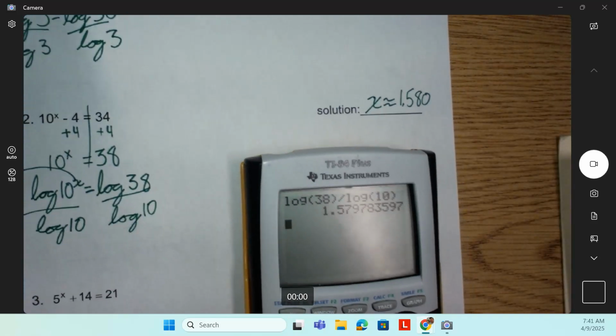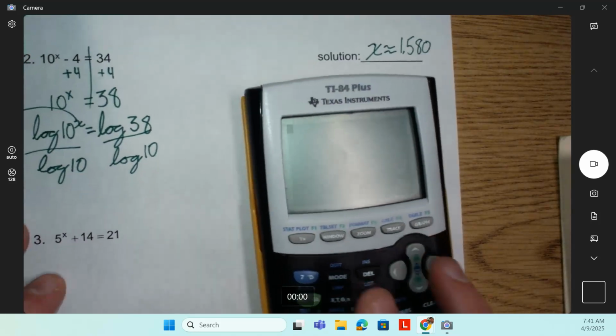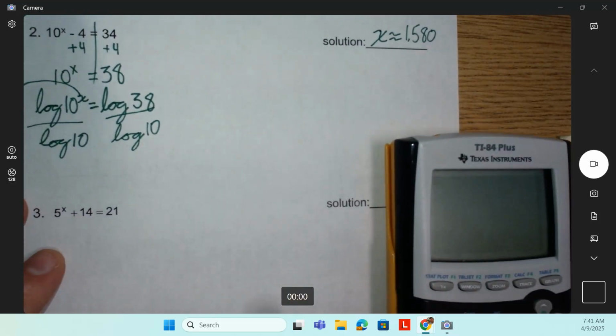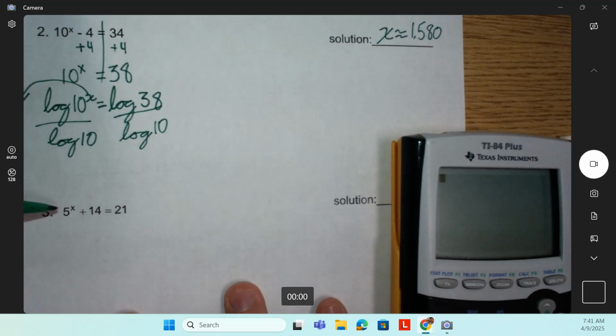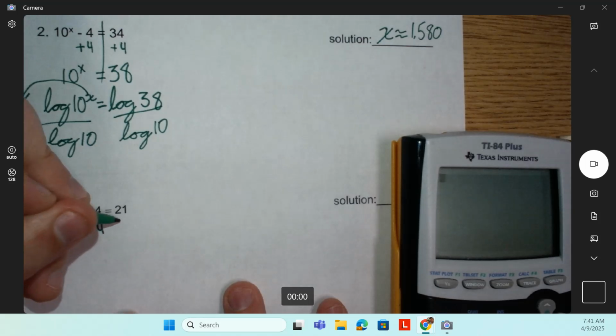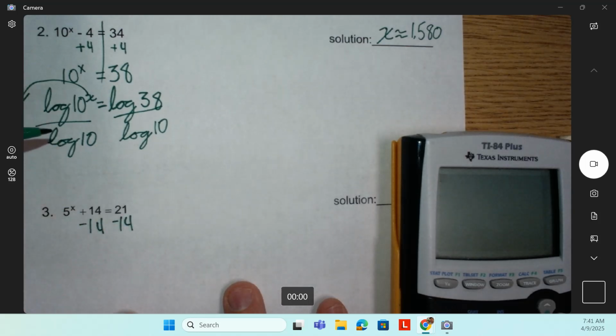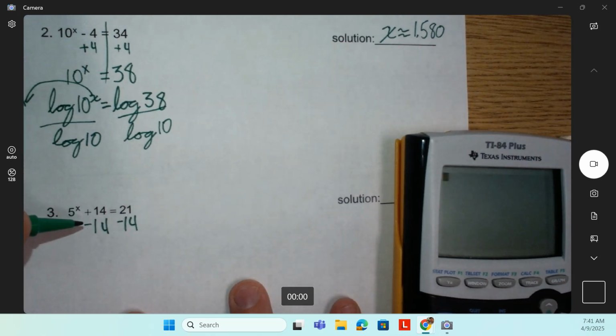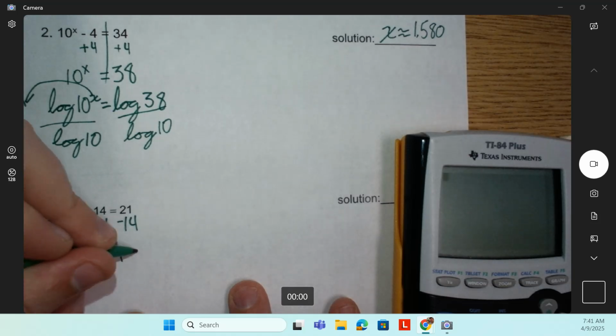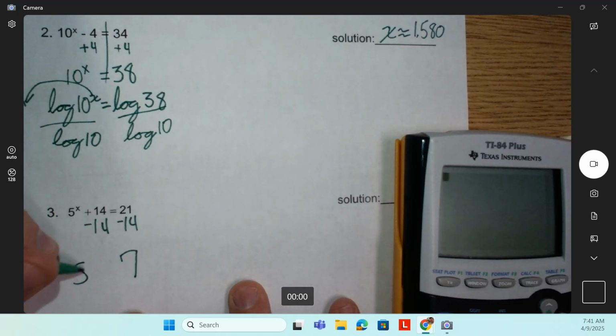Okay, we'll go through a couple more, but the process you've got is the same. So again, just a few steps on the arithmetic. So 21 minus 14 gives me 7. So 5 to the x power equals 7.